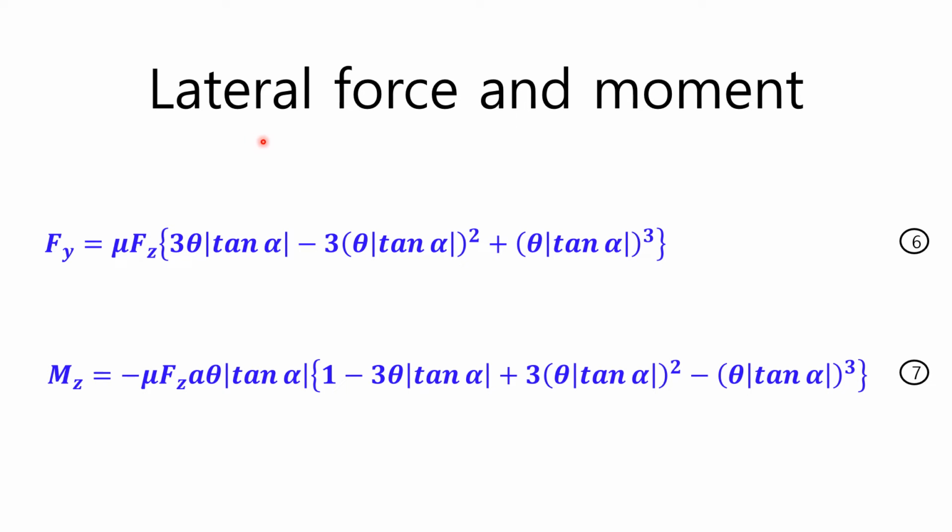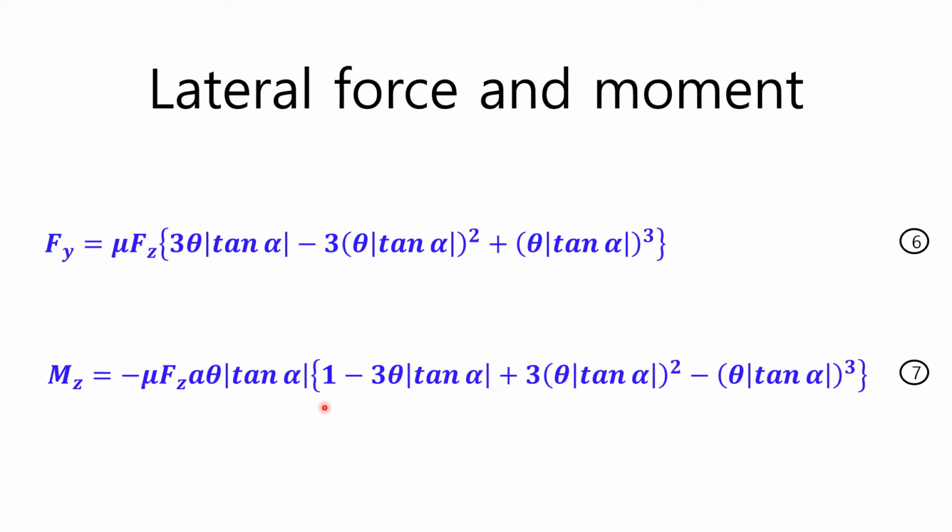Let's look at the lateral force and the self-aligning moment equations. In the previous video, H53, we derived the equations of lateral force Fy and the self-aligning moment Mz due to the side slip tangent alpha.